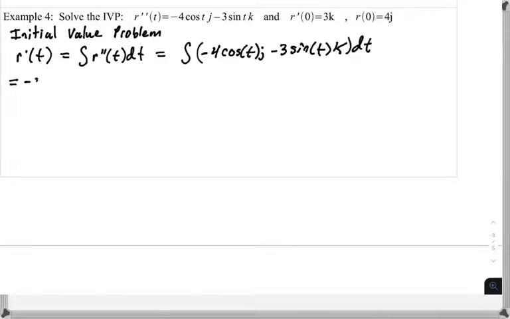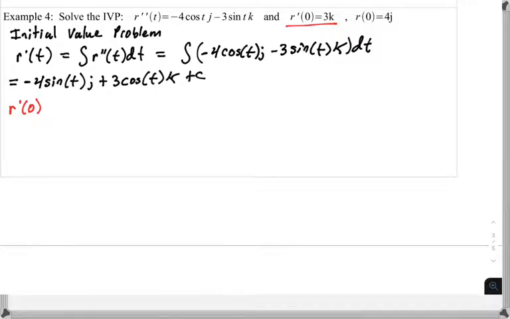Okay, so that's going to give us negative 4 sine of t, and that's our j component, plus 3 cosine of t, that's our k component, and then plus a constant of integration.